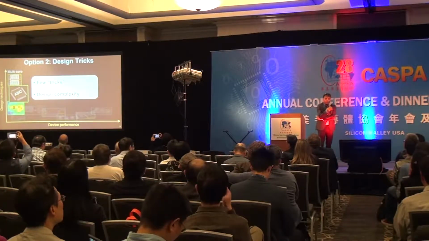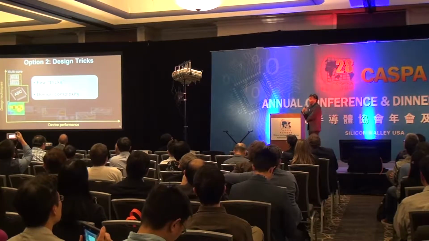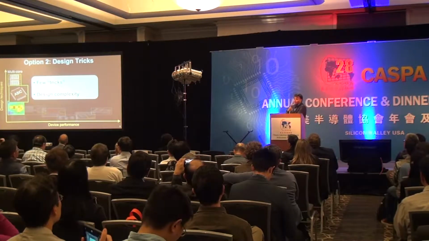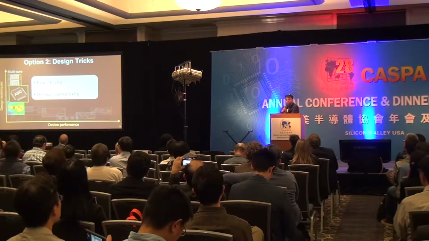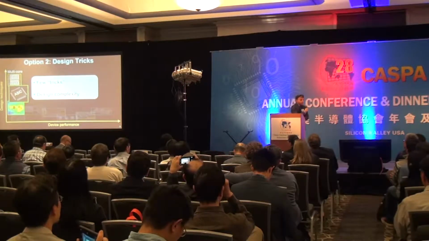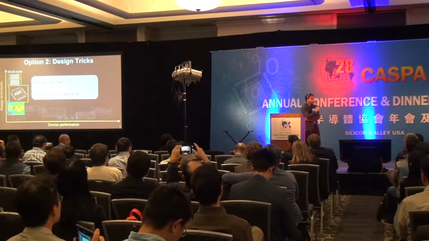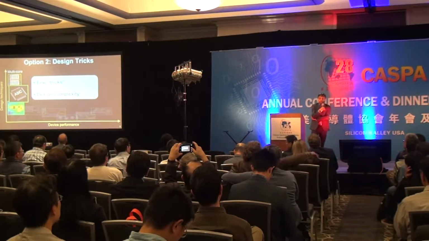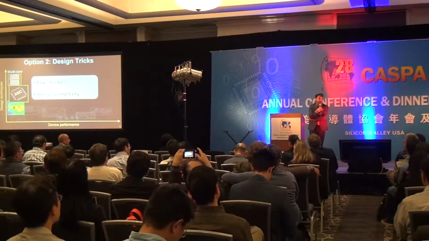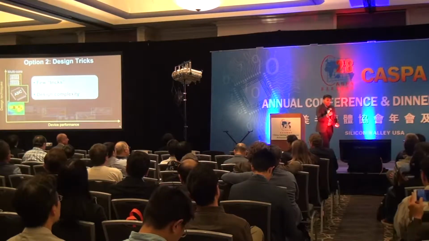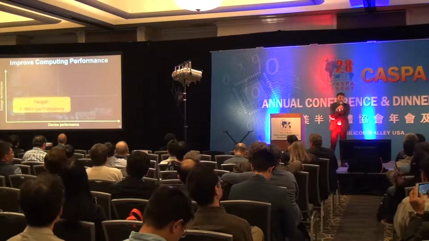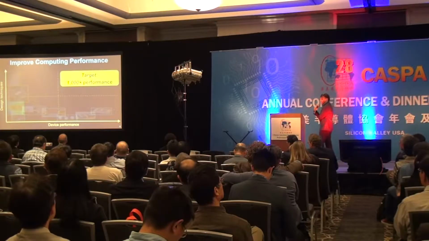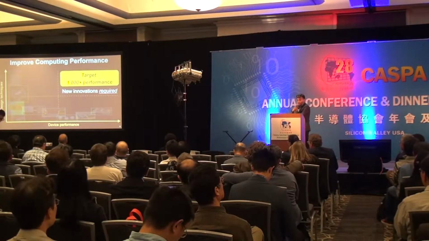And oh, by the way, when we play those tricks, what ends up happening is the design complexity blows through the roof. And that's why I have seen so many ideas that never saw the light of the day, because simply designers didn't know how to verify those complex design techniques. So now, if you think about how do we improve computing performance, remember performance means energy times execution time.